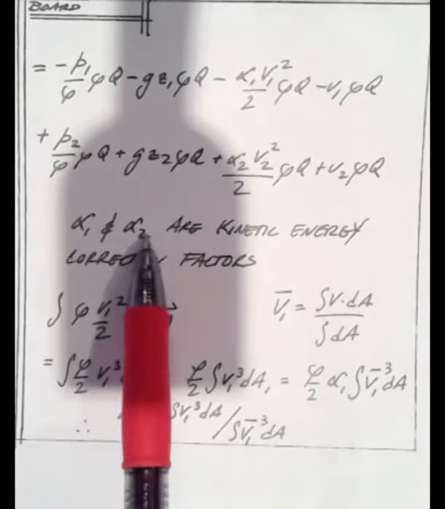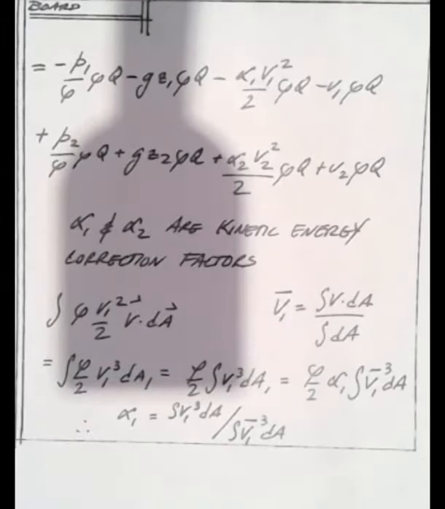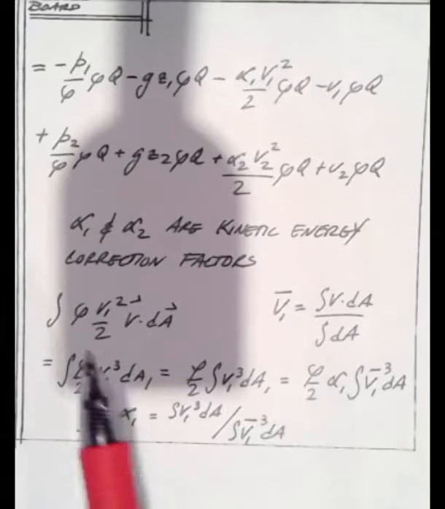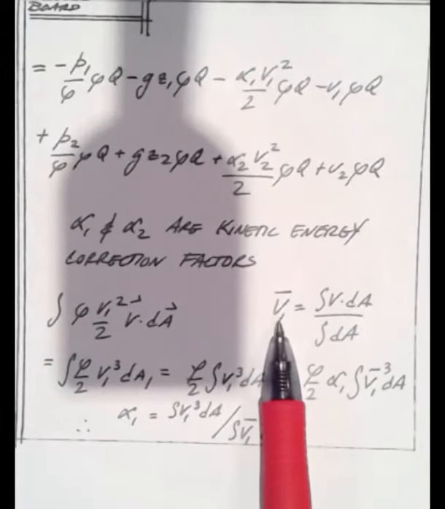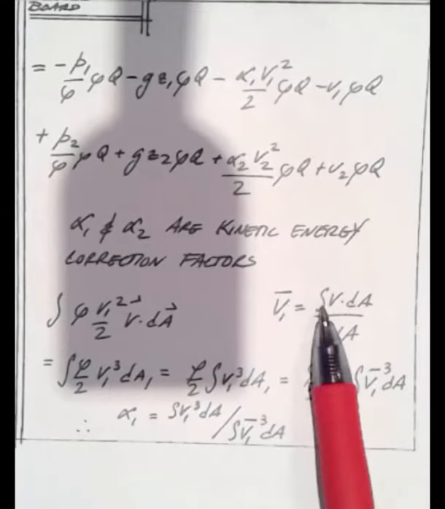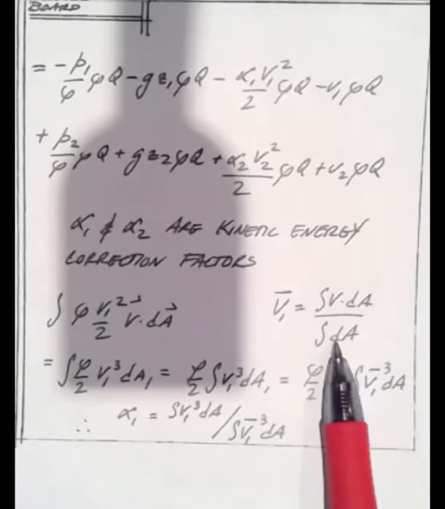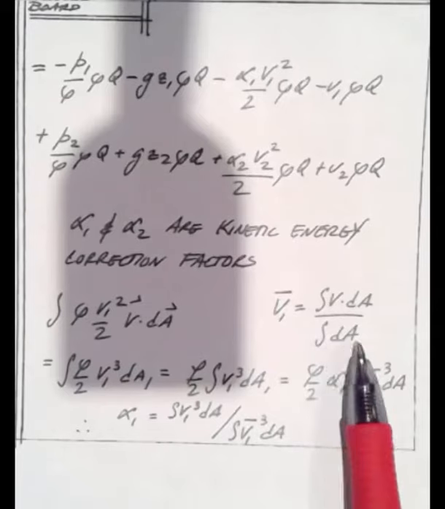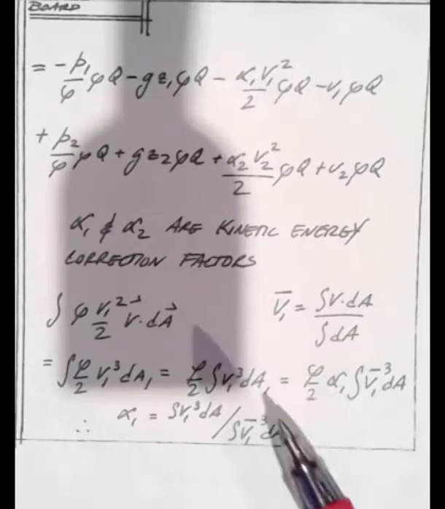These terms alpha 1 and alpha 2 are called energy correction factors, and they relate the kinetic energy distribution across the flow tube to some average or mean section velocity. For instance, the mean section velocity at section 1 is the integral of V dot dA divided by the integral of dA, or the first moment of area of the velocity term.